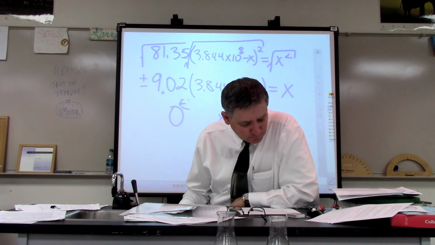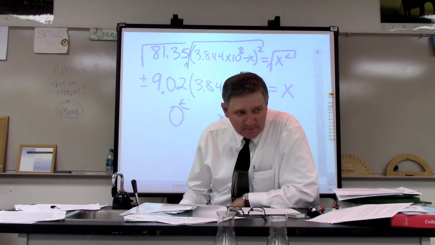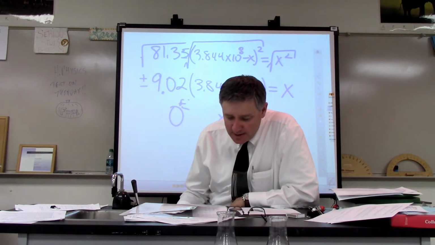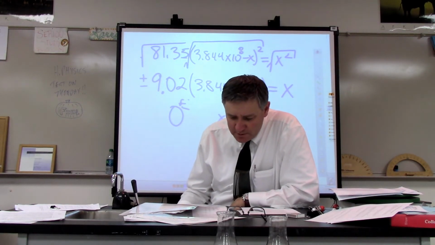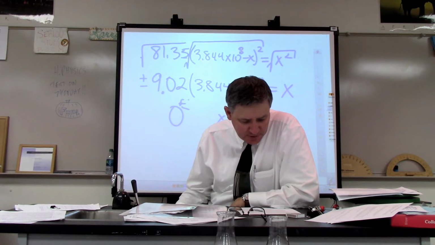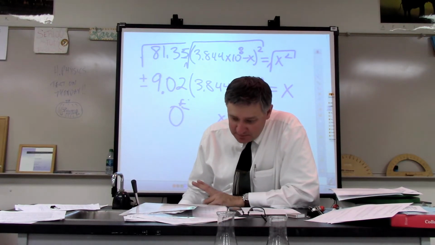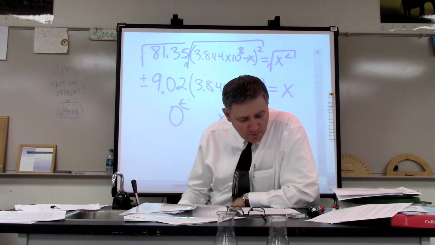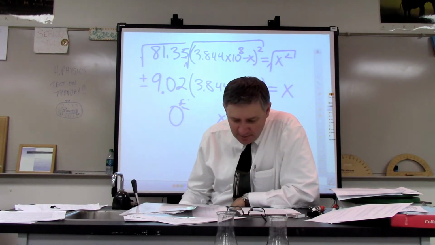M1 and M2 are the same number, they're just identical. When you get to problem number 2, your answer should be something times 10 to the 3rd. When you get to number 3, that answer should be something times 10 to the 7th.